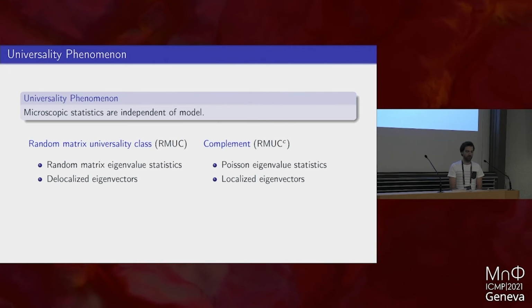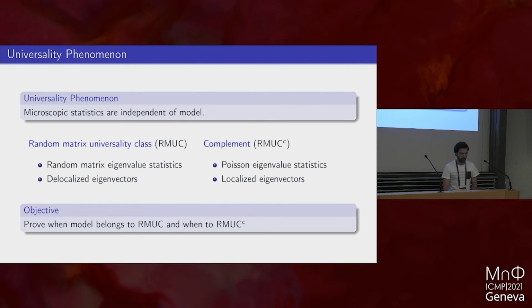One important feature is also that in this case the eigenvalues will be strongly dependent on each other, and actually they will repel. In the complementary class, the eigenvalues show Poisson eigenvalue statistics, and in particular the eigenvalues become independent of each other, and the eigenvectors are localized, so that means that the mass of the vector is concentrated on a few vertices, or on a few components of the vector.